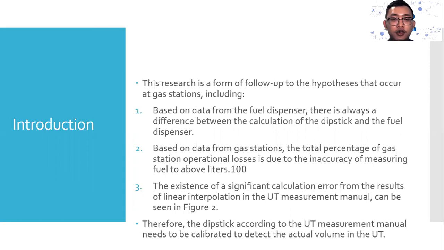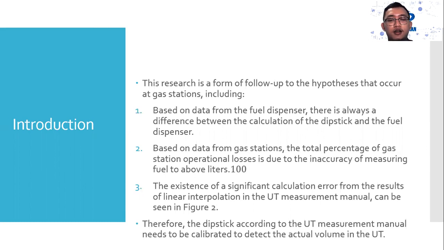First, based on data from the fuel dispenser, there is always a difference between the calculation of the dipstick and the fuel dispenser. Second, based on data from the gas station, the total percentage of gas station operational losses is due to inaccuracy in measuring fuel above 100 liters. There are too many errors with the dipstick.